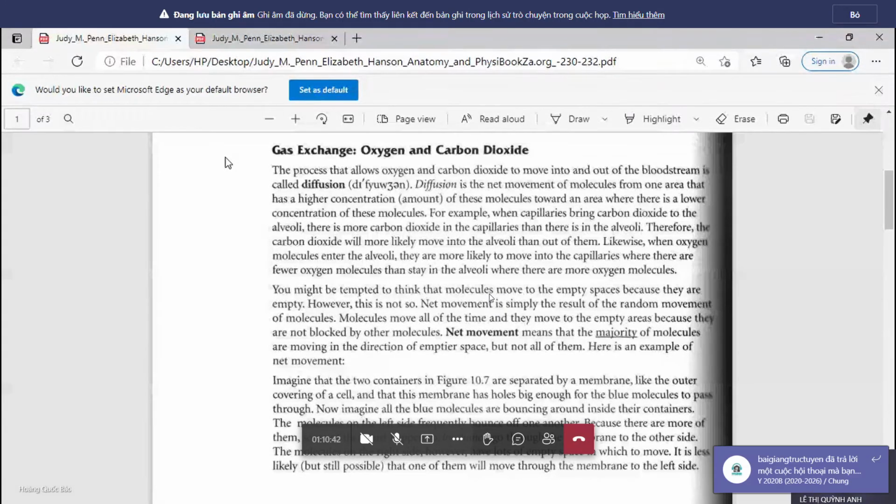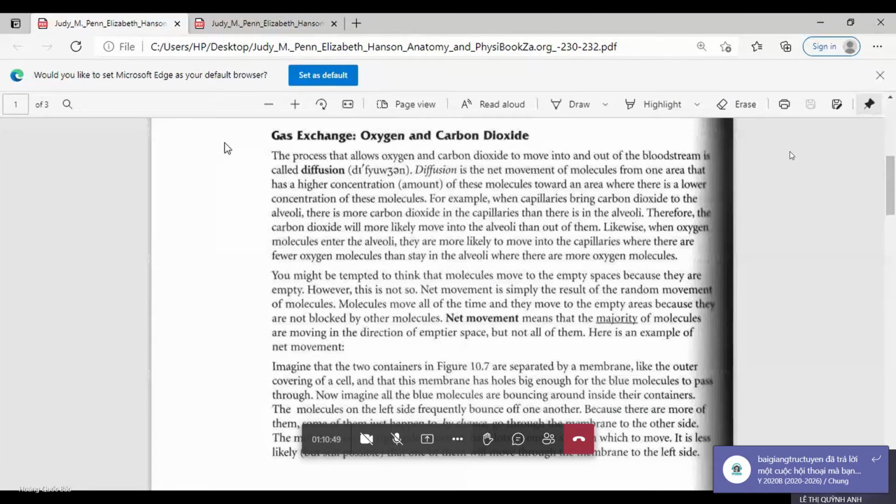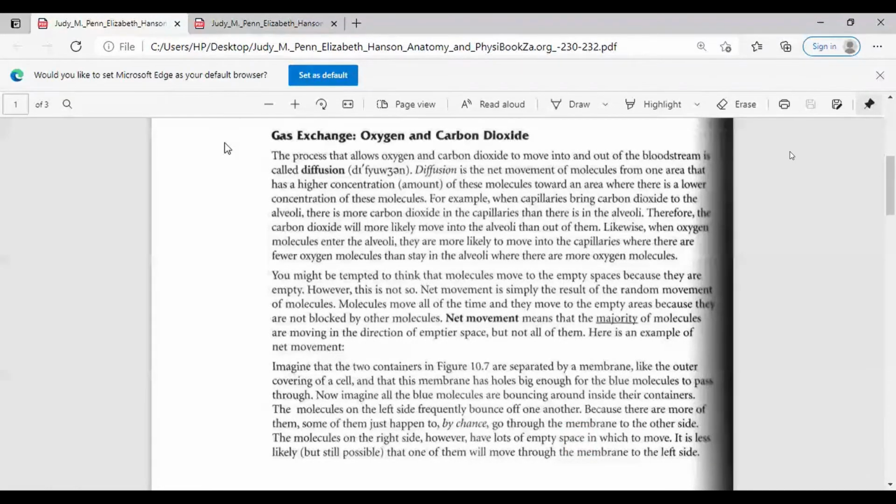For example, when capillaries bring carbon dioxide to the alveoli, there is more carbon dioxide in the capillaries than there is in the alveoli. Therefore, the carbon dioxide will more likely move into the alveoli than out of them.